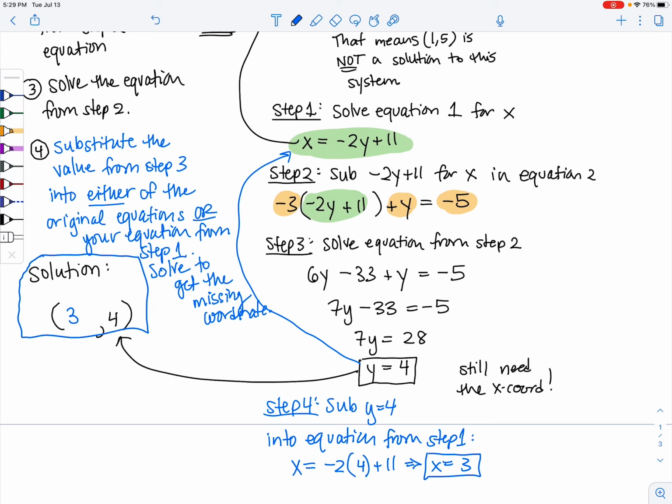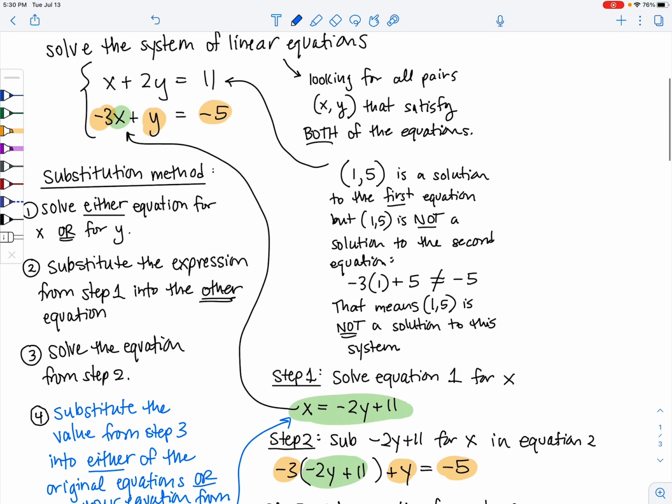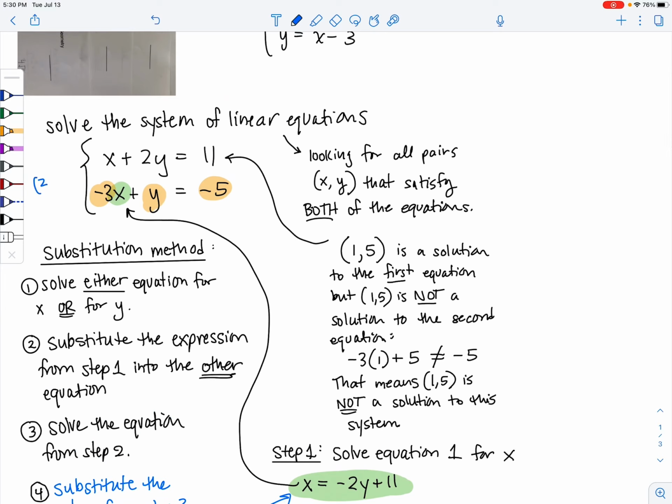And I always like to be able to check my answers. And so if I want to check, what I need to do is make sure that 3, 4 is a solution to both of the equations in my original system. So you'd go back up to the top and look at your system and say, okay, 3, 4.